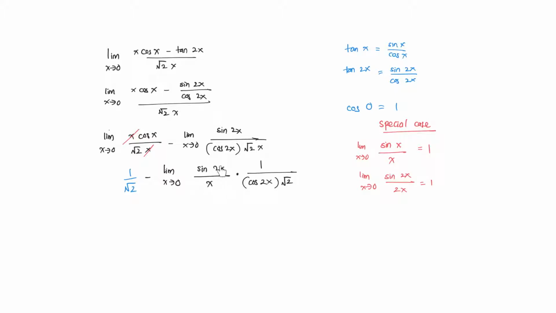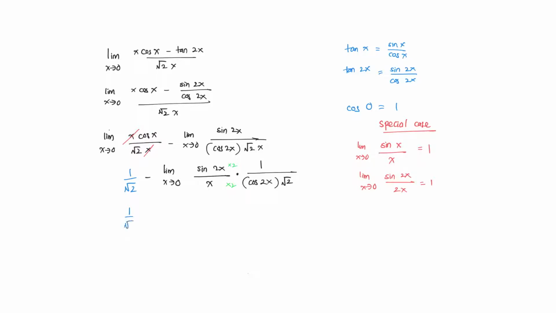Our next job is to turn this into its special pattern, which is 2x as the numerator and denominator. How do we turn this denominator into 2x? Simply by multiplying both parts by 2. You need to multiply the numerator with 2 and the denominator with 2.